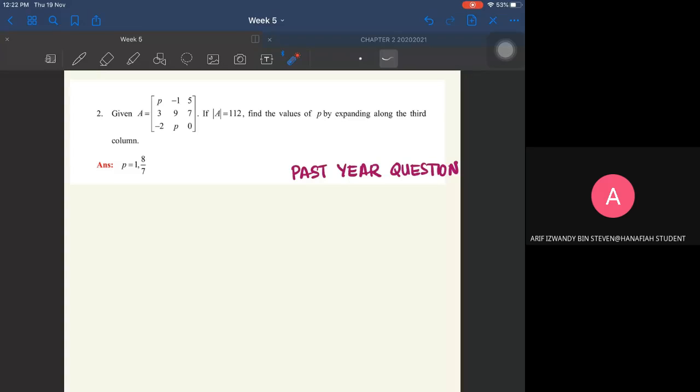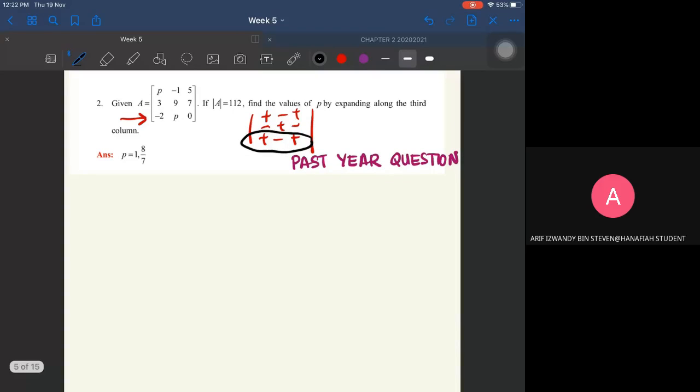And the guide dekat sini, you have to use third column. So where is your third column? So this one. So simbol yang kita akan guna adalah this one. Okay. So the determinant of A is equals to, so the first value is negative 2.